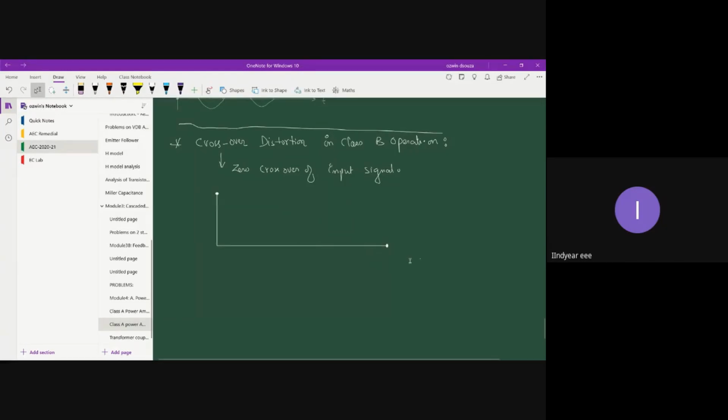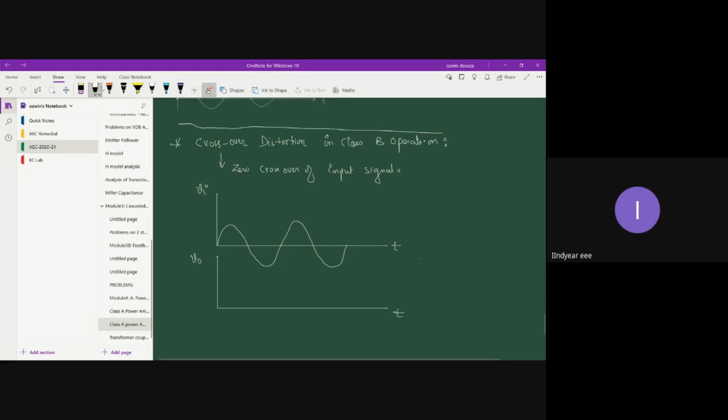Okay, fine. So first let me draw the input. Say this is Vi and this is T. This is V0 and this is T. So first let us draw the input. Now let us mark the two threshold levels of transistor.